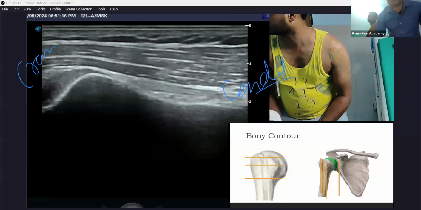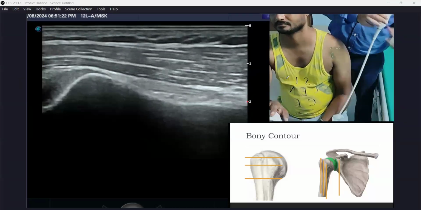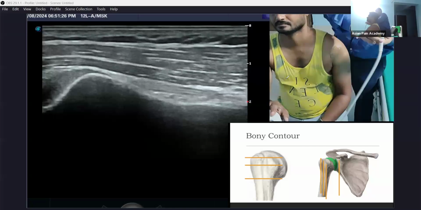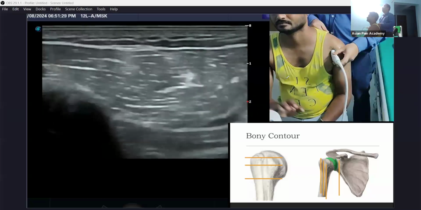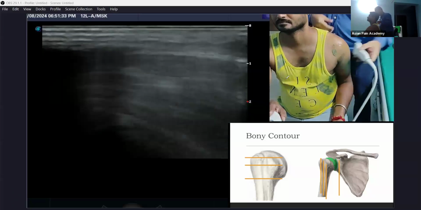I think this is clear. The left side of your scene is the cranial side. So now I start from the lesser tuberosity.